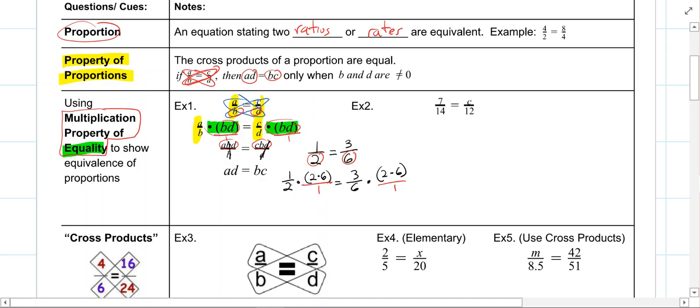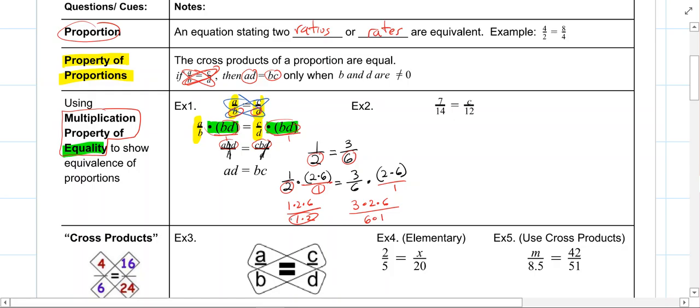And now what does all this say? Well, this says 1 times 2 up on the top times 6 over 1 times 2 on the bottom. See my 1 and my 2 right on the bottom here. And then over here, I'm going to put them in order. That's 3 times 2 times 6 over 6 times 1.